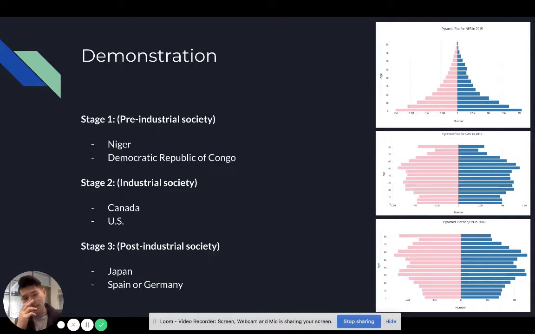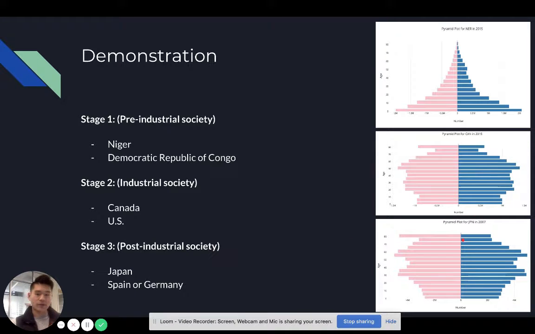The first stage is on the top right corner, and this country is Niger. The stage 2 example we have is Canada, and here you see slow growth where there's a stationary or stable population due to lower birth rate and lower death rate, and this is due to good family planning, good medical care and education.